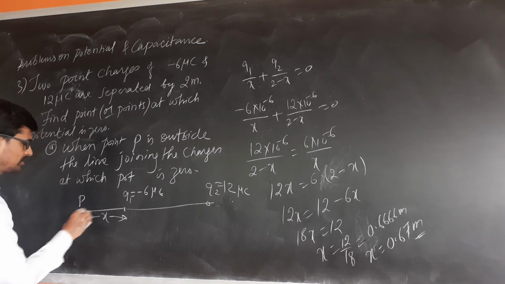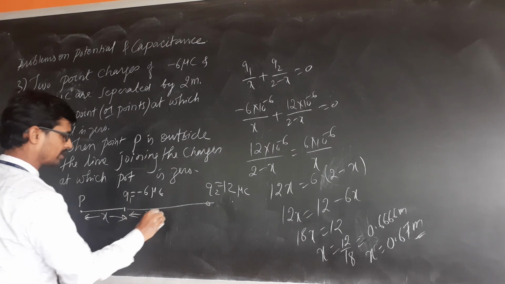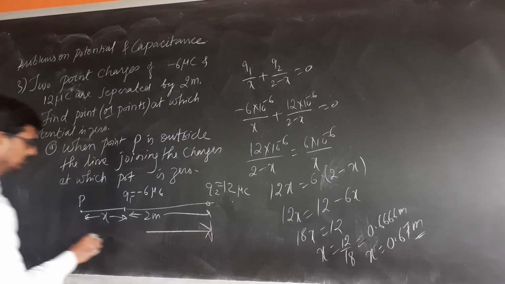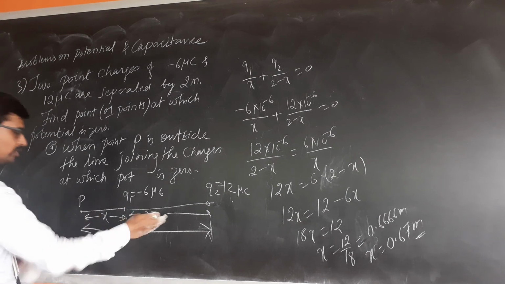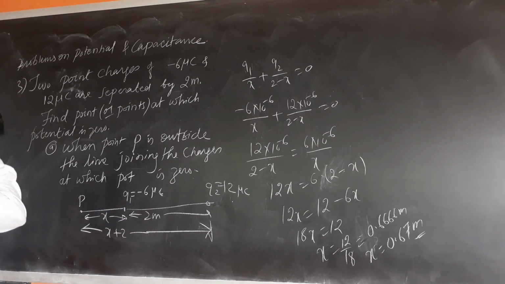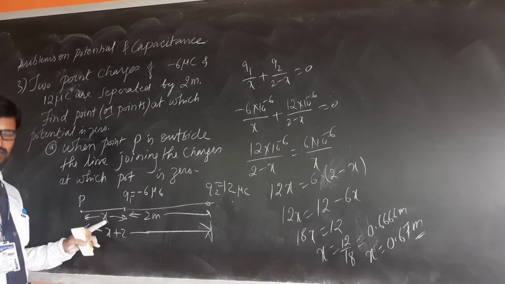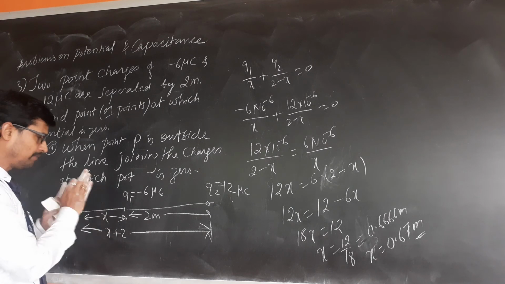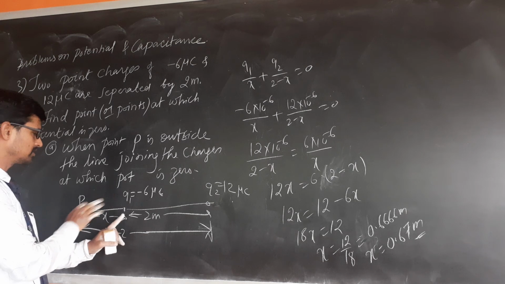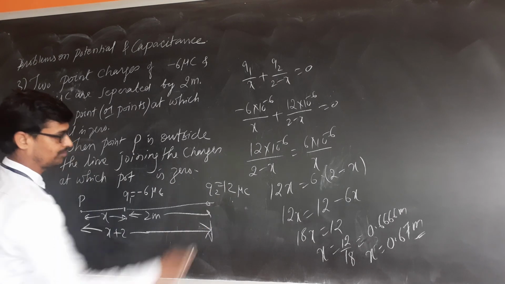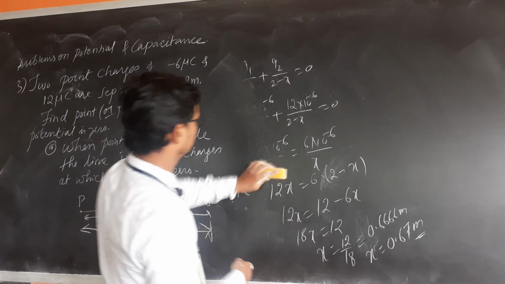If this is x and this one was 2 meters, what is this distance? x plus 2. After simplifying, if x comes out as a positive answer, this is correct. If x comes out negative, that means point P is on the other side of the charge.